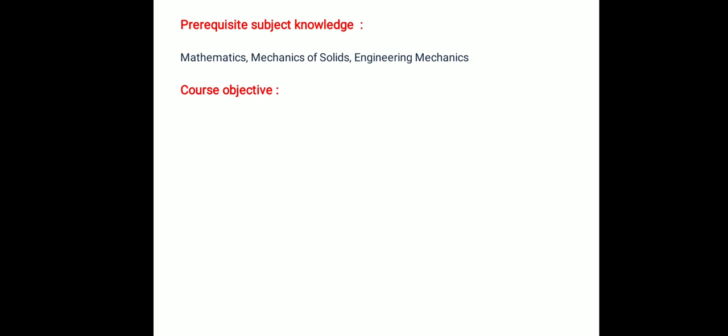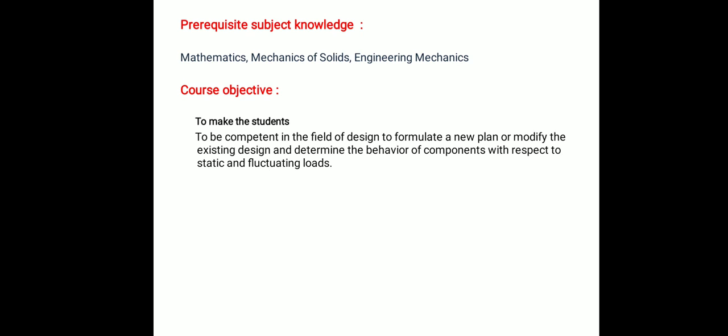And what is the course objective? Okay, the main course objective is to make the students competent in the field, to formulate a new plan or modify the existing design, and also determine the behavior of the components against various loads.